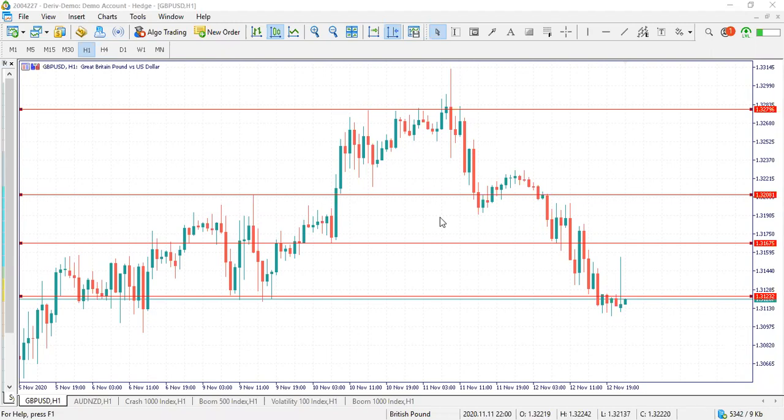Now, this is a previous high here, okay? A resistance level, all right? Now, this is a low, okay? Price will always want to take out either a high or a low, just like you saw here.